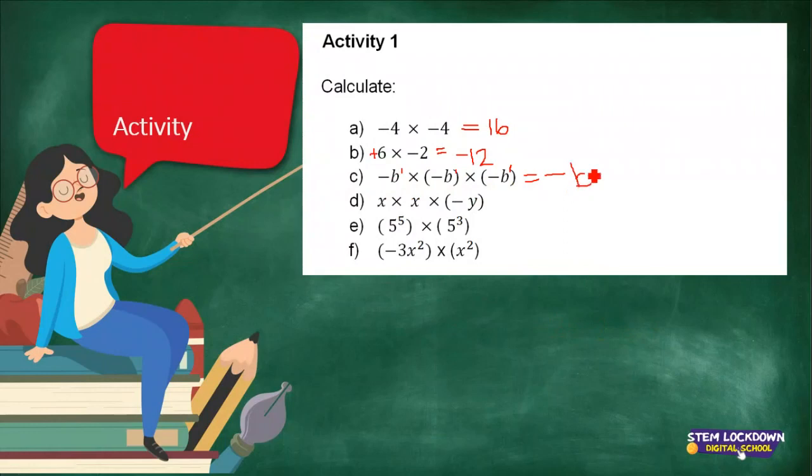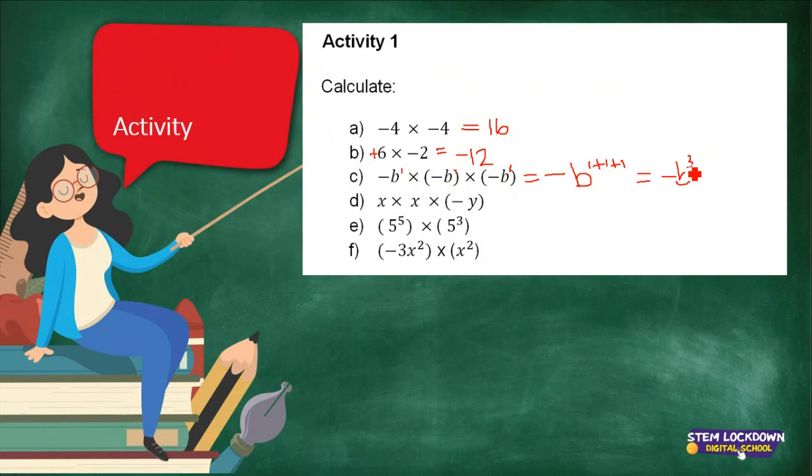There is a first 1, plus a second 1, plus a third 1. So this will be equal to negative b to the power 3, obviously, because there are 3 b's. So that is your answer.